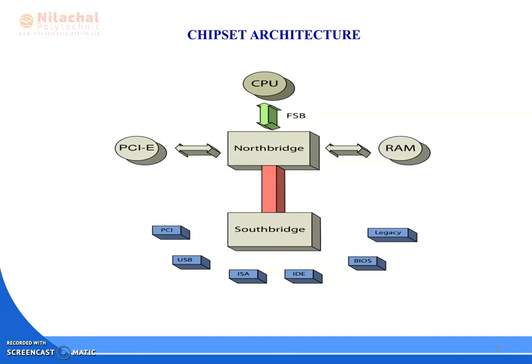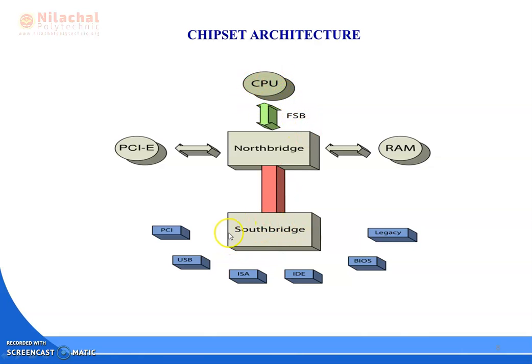Here we can see a chipset architecture diagram in which the Northbridge's work is to handle the memory and the graphics part of the computer, which is related to PCI. We will further discuss it in our next slides. It is an interface to the central processing unit via the FSB.